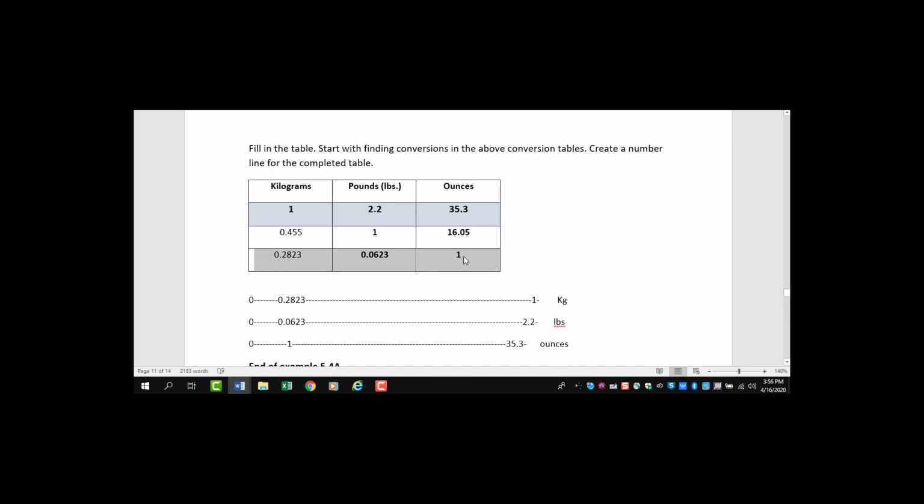So I did that row there, right? Those are all the same. We line up vertically on a number line. And finally, the last one would be this one here. 1 pound is the same as 0.455 kilograms, which is the same as 16.05 ounces.